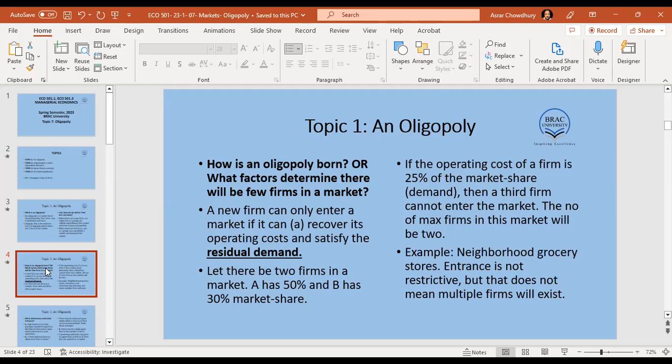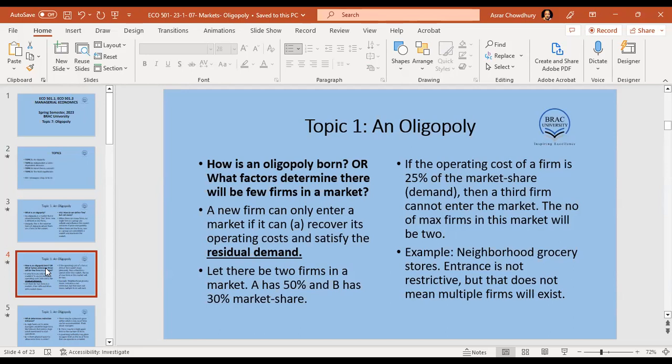I want to see if the market is supplying 100% of the total market share. So if the demand for a particular commodity is say 100 units per day, and the existing firms are supplying say 90 units, that means there is a residual demand of 10% that is not being supplied. So that gives me an incentive to make a decision.